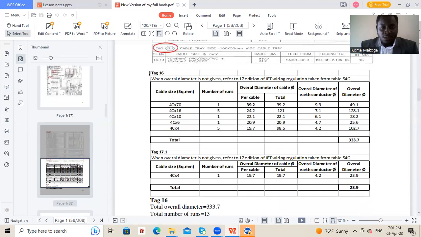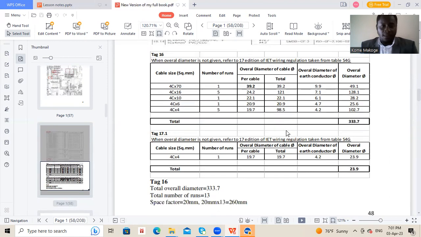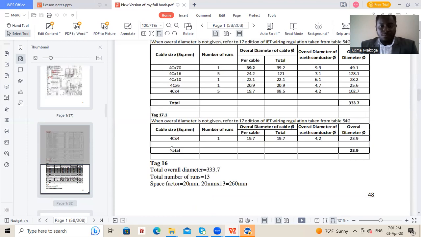So this is a calculation I've done for tag 16 when the overall diameter is not given. It's really good; you can go through the 17th edition of the IET wiring regulations, taken from table 5.4G. So all this I've done as well. I got my total overall diameter of 333.3. For tag 17, I have a total of 23.9.